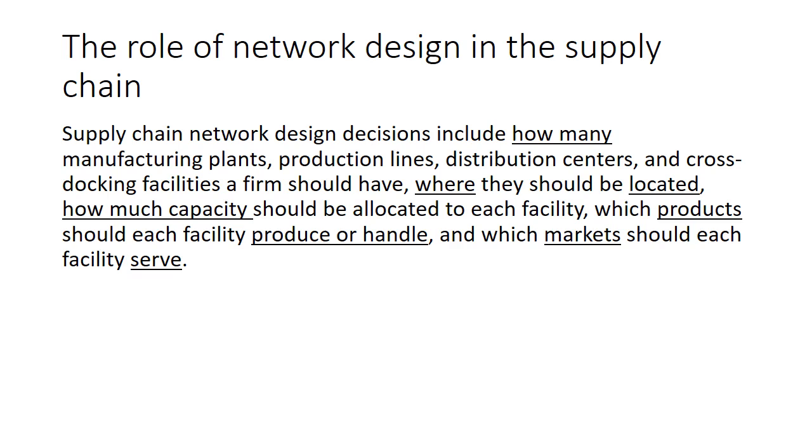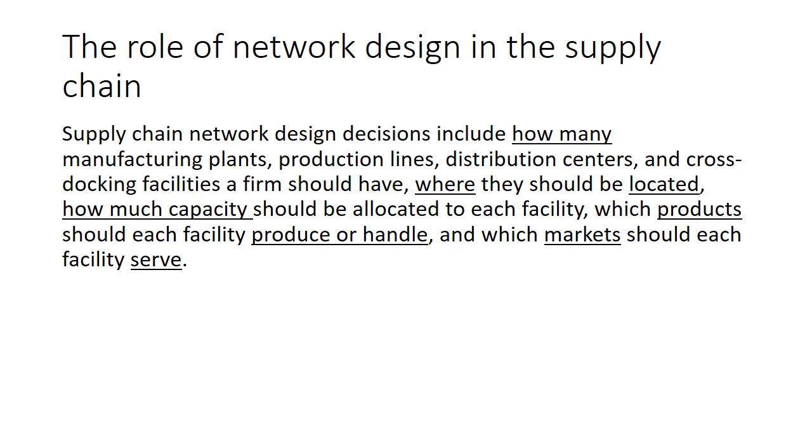Which product should each facility produce or handle? This is the important point, because if you don't decide about it, you won't be able to efficiently use your resources. The resources we are talking about are the assets of any company: manufacturing plants, production lines, distribution centers, and cross docking.